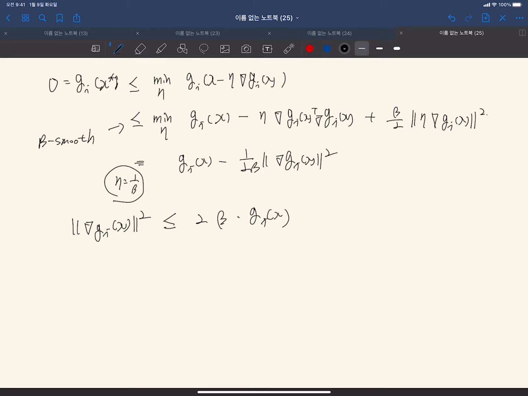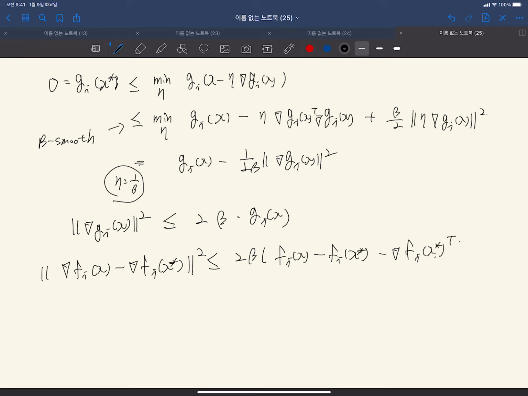Okay, so the norm squared of the gradient of f_i(x) minus the gradient of f_i(x star) is upper bounded by 2 beta times f_i(x) minus f_i(x star) minus gradient of f_i(x star) transpose (x minus x star). Okay.